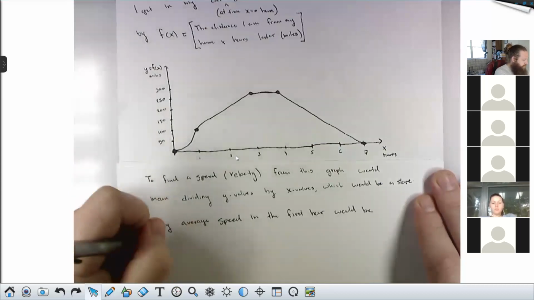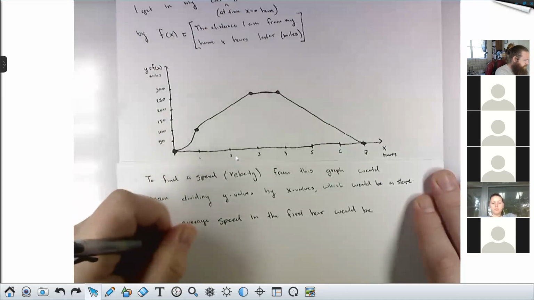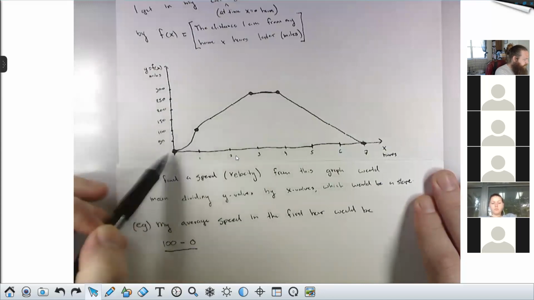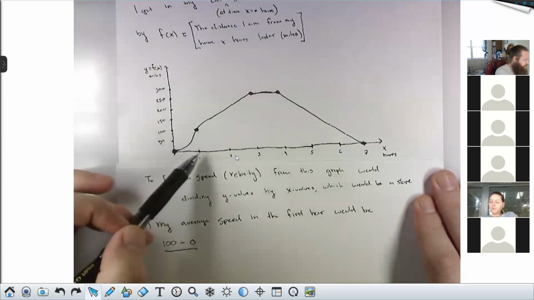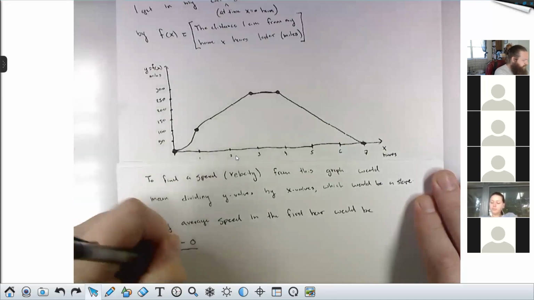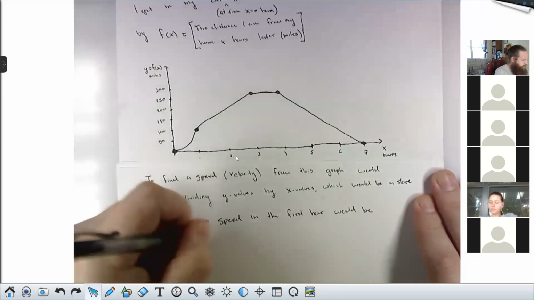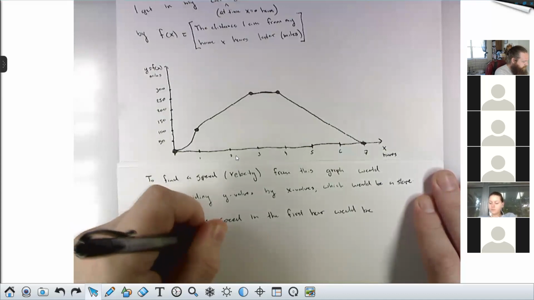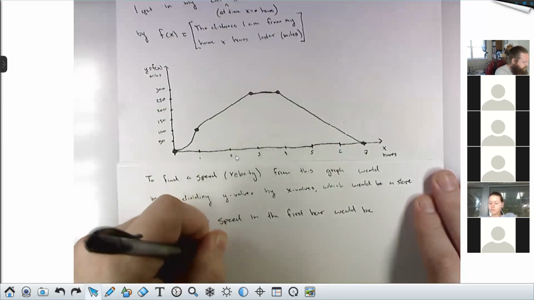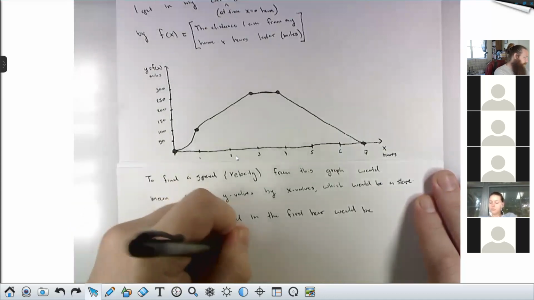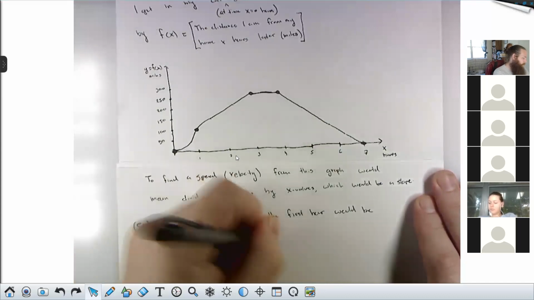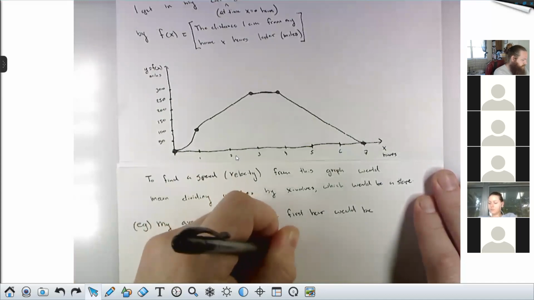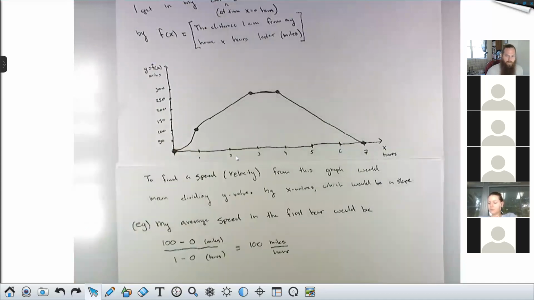So that would be 100 minus 0 divided by how long did it take me? I went 100 miles, it took me 1 hour over 1 minus 0. And remember the numerator here, this is in miles. The denominator here is in hours. So this would be 100 miles per hour. Don't tell anybody. I went a little too fast.